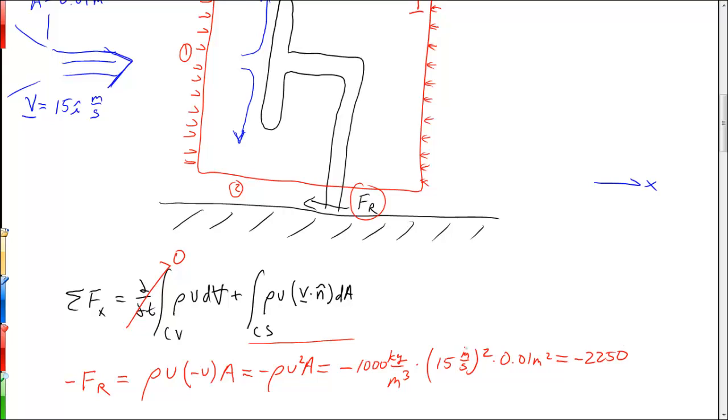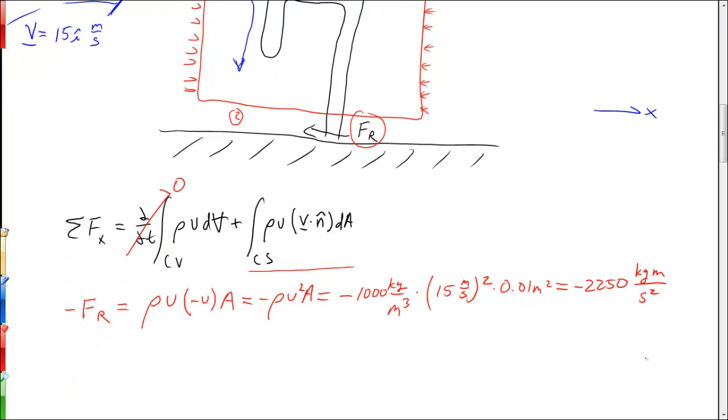We have meters to the fourth on the top, and meters cubed on the bottom, so we get kilogram meters per second squared. And so we have a minus over here and a minus over here, so we rewrite Fr as 2,250 newtons.